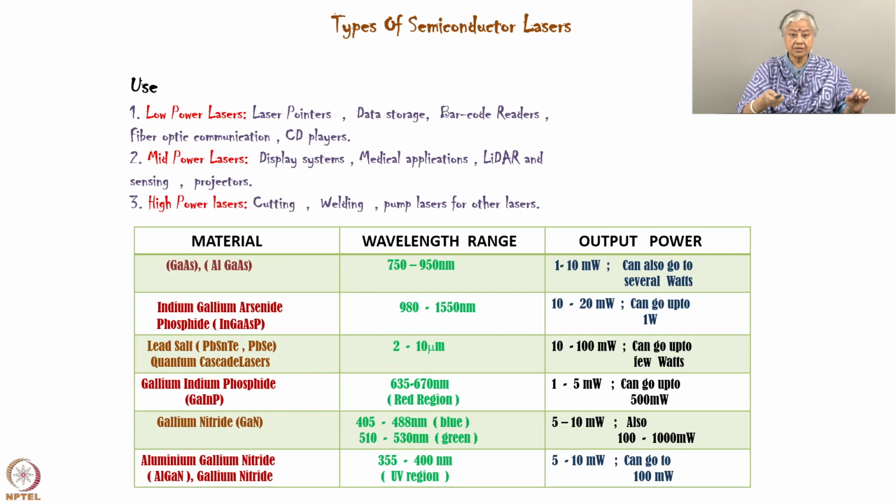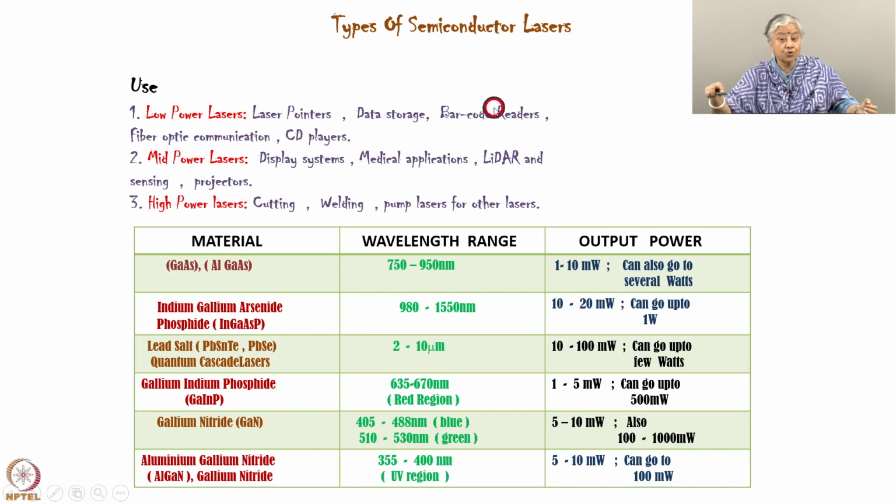So, let me tell you something about some of the types of semiconductor lasers. Okay. So, you could classify them in terms of uses as low power, mid power level and high power lasers. So, in case of low power lasers, its uses are laser pointers, data storage, barcode readers.